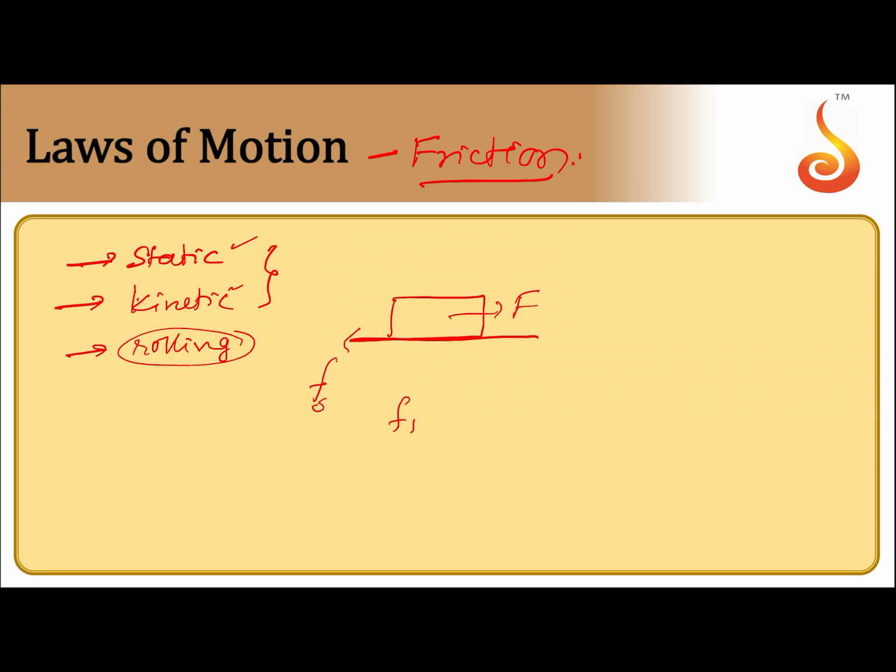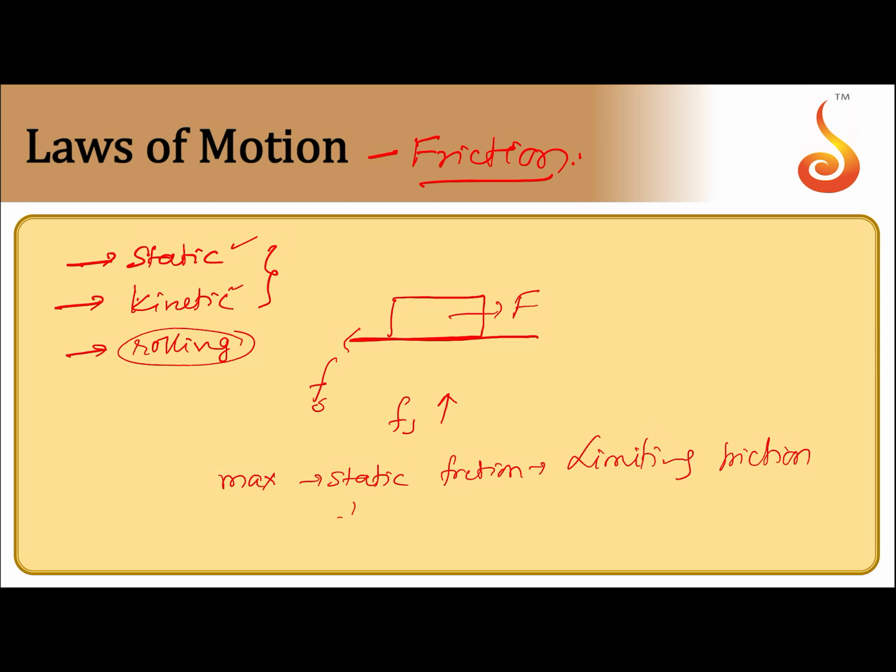This static friction starts growing in magnitude, and there comes a stage at which the object just yields. When the object just yields, this corresponds to maximum static friction, and that maximum static friction is known as limiting friction.